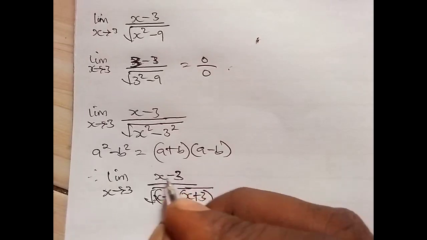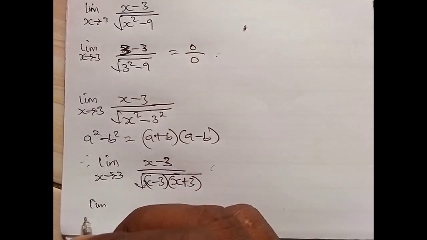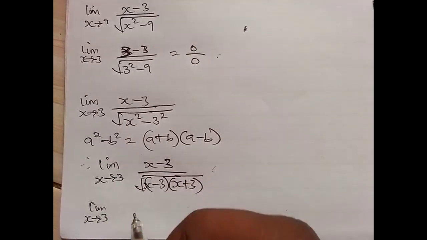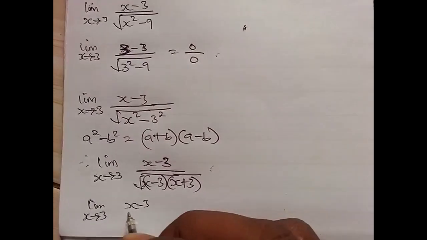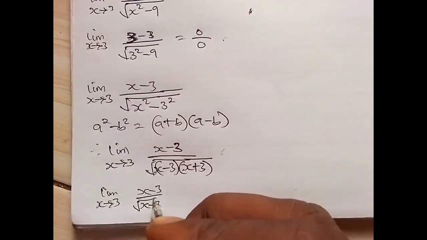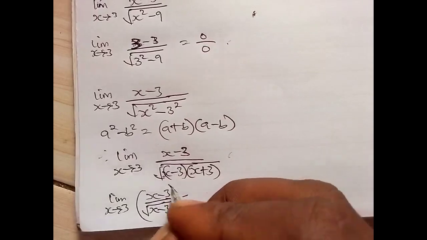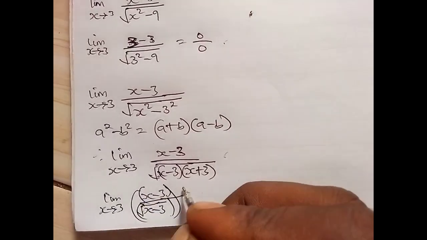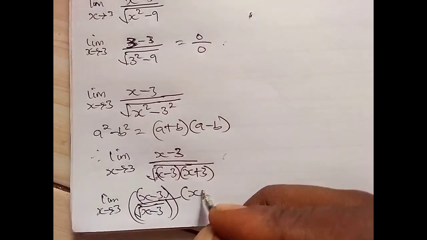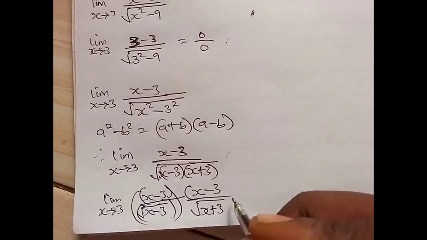Since one entity is dividing them, this can be expressed as limit as x approaches 3, x minus 3 over square root of x minus 3, then x minus 3 over square root of x plus 3.